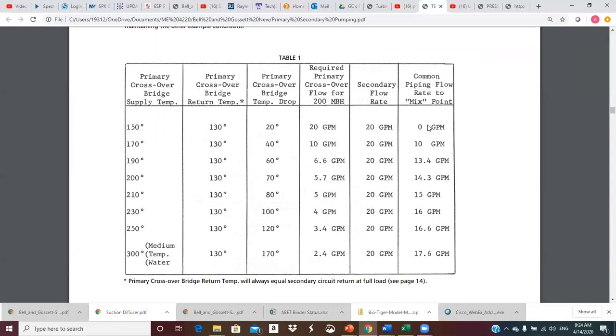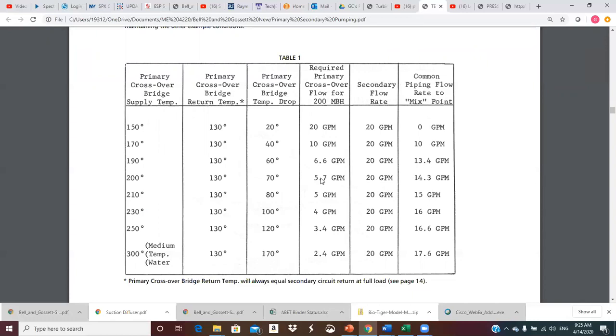And this is the common pipe, or this is the flow that has to recirculate to mix in order to temper the water to 150, which is our secondary temperature. And so at 180, that gets me down to 6.6 GPM. Still have 20 in the secondary. Now I'm recirculating 13.4.